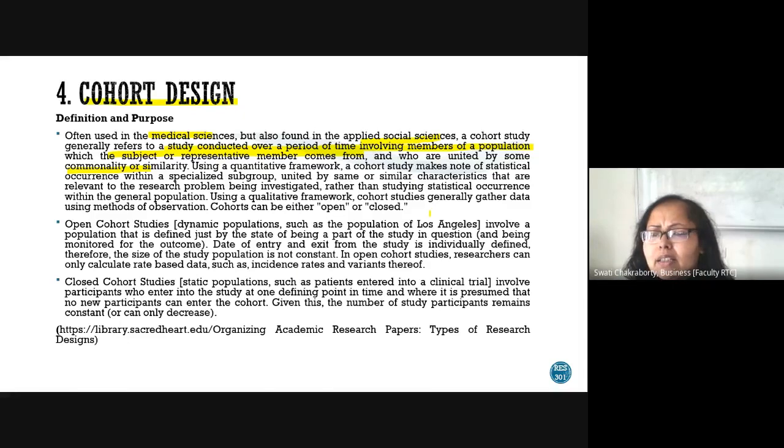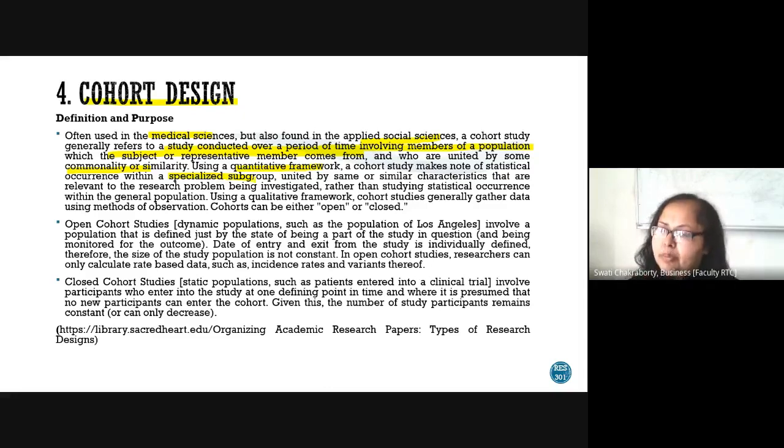We have to use a quantitative framework, so we can make note of statistical occurrence within a specified subgroup unified by similar or the same characteristics which are relevant to the research problem being investigated.